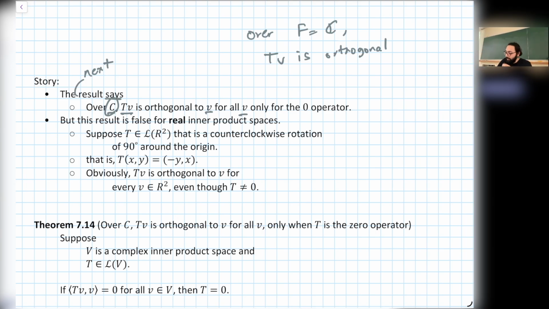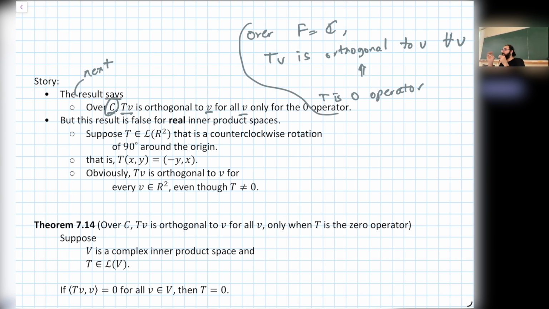This vector is orthogonal to the original vector that you started with, for all V. This property only holds for the zero operator. So if this property is true, then T is zero. That can only happen if T is the zero operator. That is the result that we're going to prove in just a moment.